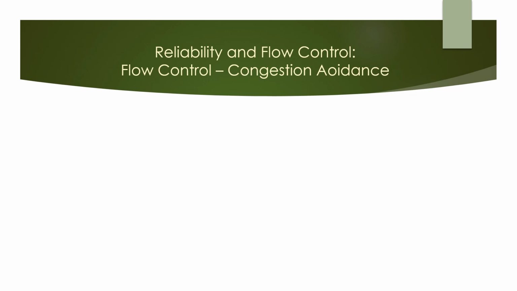If the source determines that the TCP segments are either not being acknowledged or not acknowledged in a timely manner, then it can reduce the number of bytes it sends before receiving an acknowledgement.